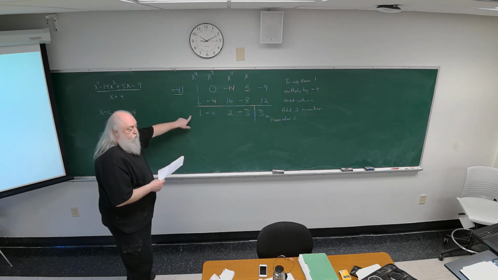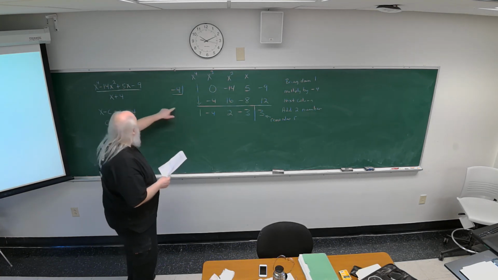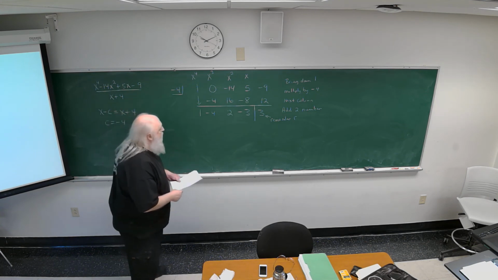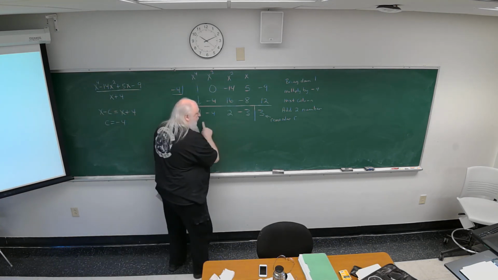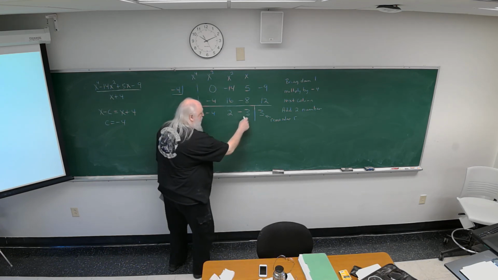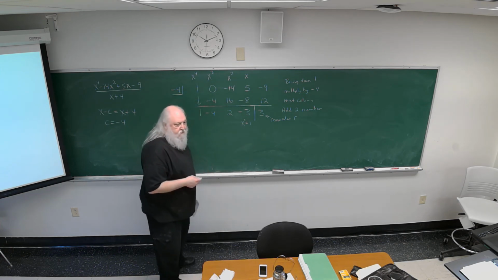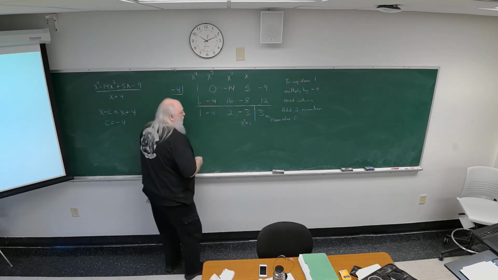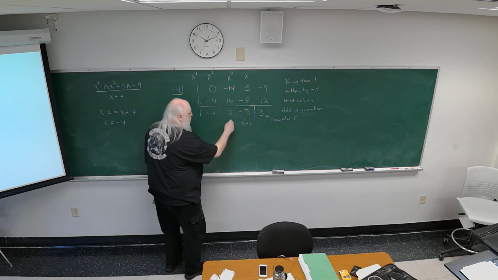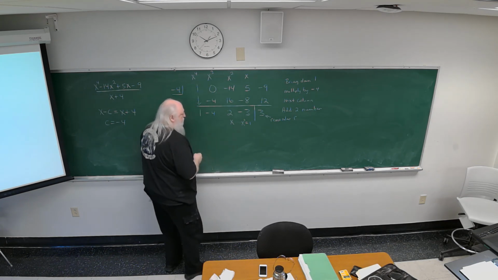Now, to get the quotient from this division, our quotient has 4 terms in it. You start from the right. This number here is the constant term in our quotient. It's x to the 0, which is equal to 1. This number here is the coefficient that goes with x.